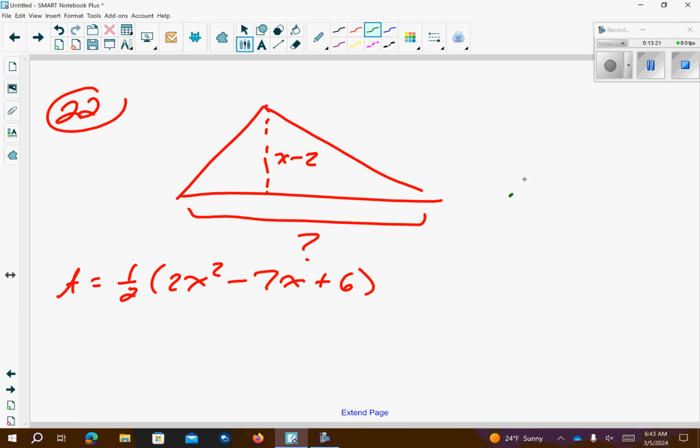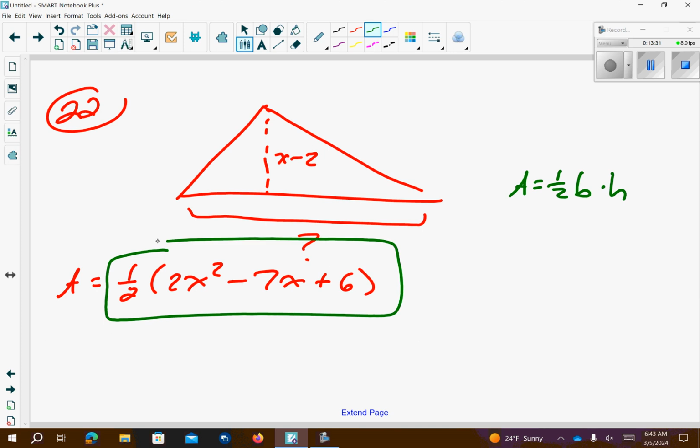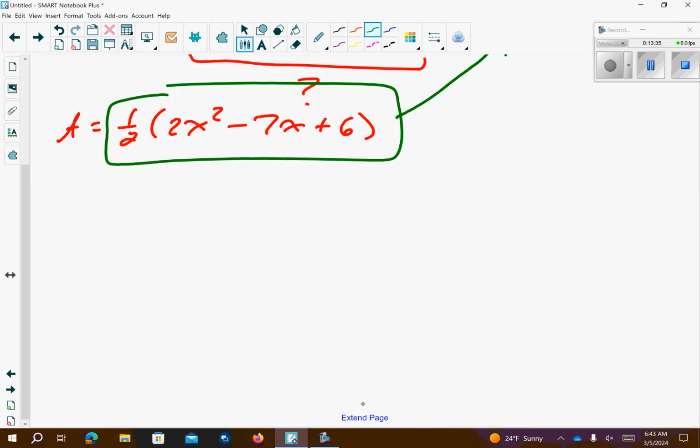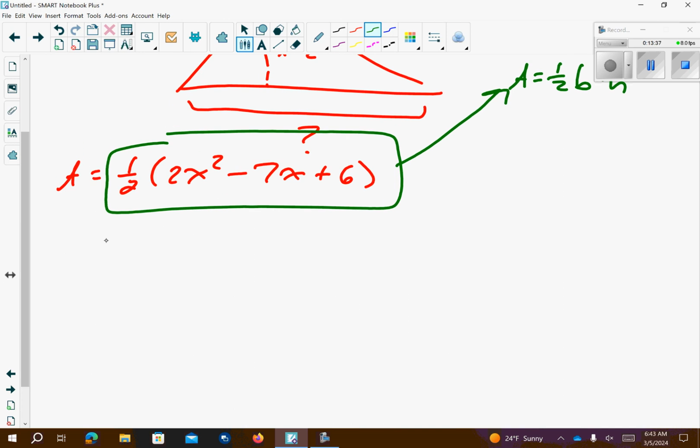So I know on a triangle, it's 1/2 base times height. Well, if I already know this is the area, I can plug that in right there for the A. This is kind of a doozy of a problem, but let's see if we can play through it. I know that's the area, and then I have 1/2 base.